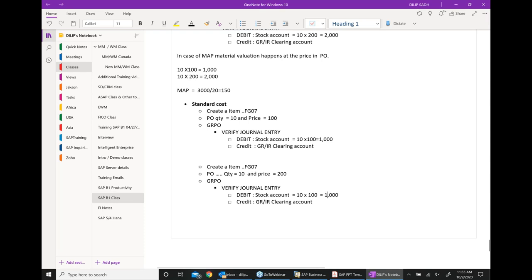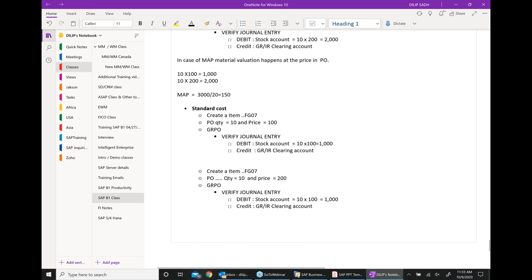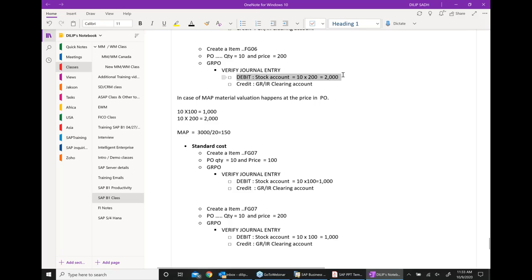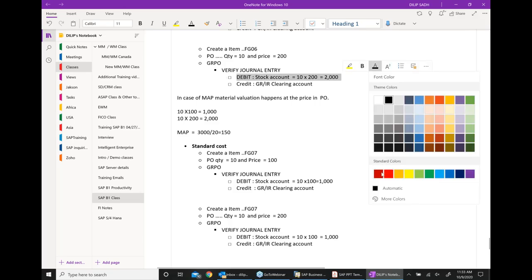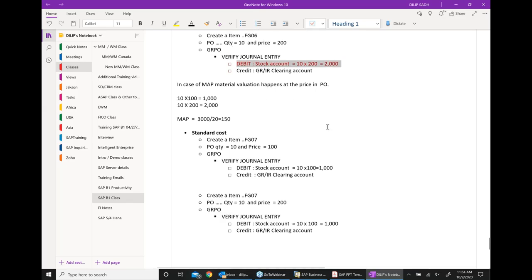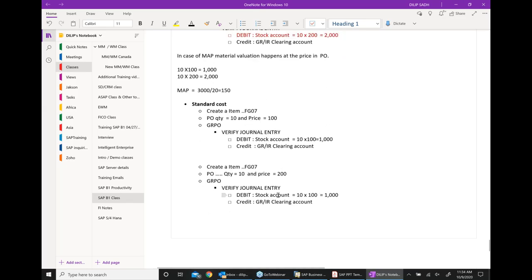So last time the material valuation happens, the value of the stock was 2000. Here the value of the stock is 1000. Why? Because it is standard.